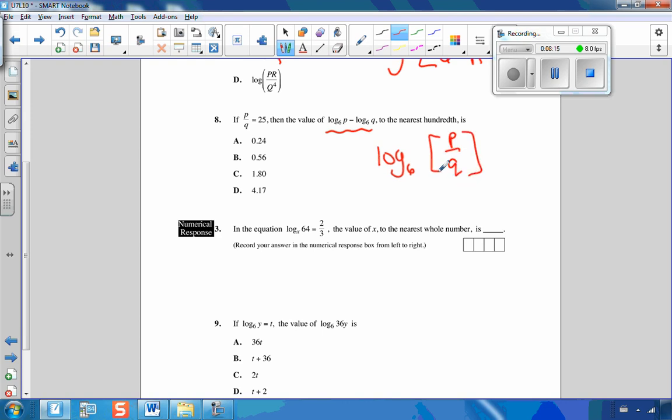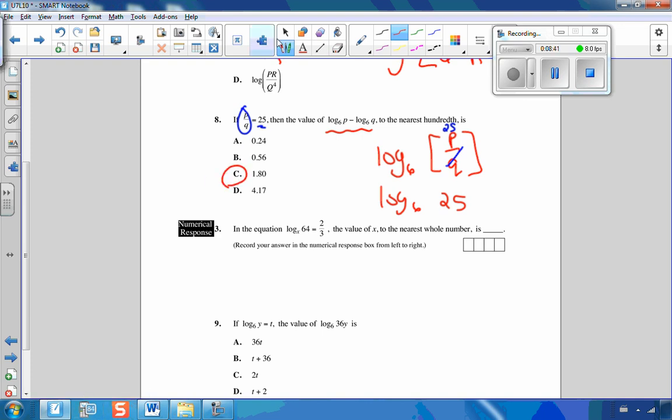And p over q is 25. So I'm going to replace p over q with 25, and I will have log base 6 of 25. So I can just evaluate that on my calculator, log base 6 of 25. And when I evaluate that on my calculator, I'm going to get 1.80.